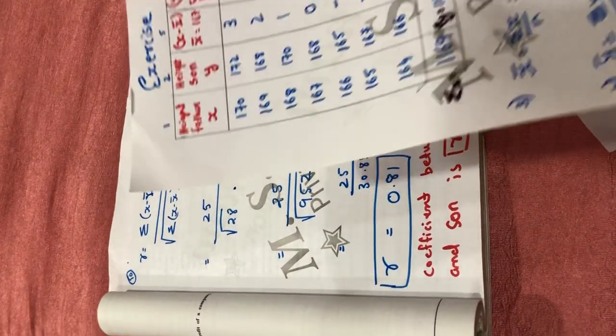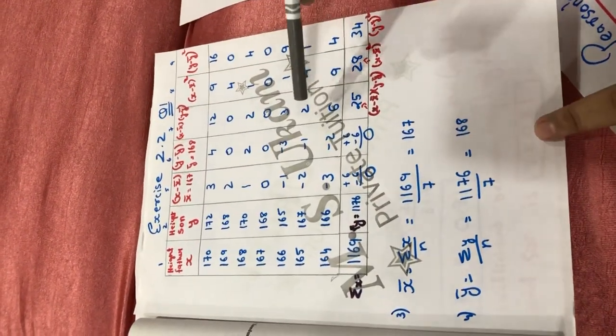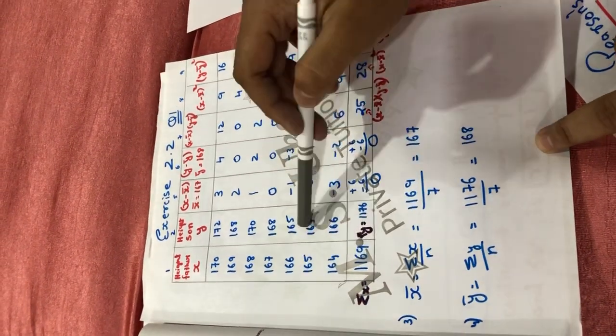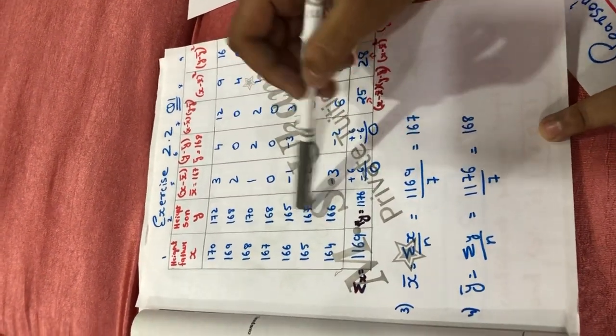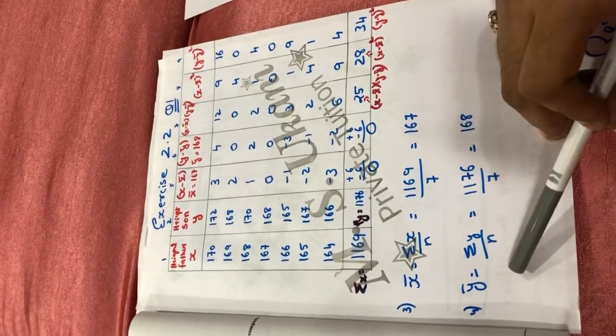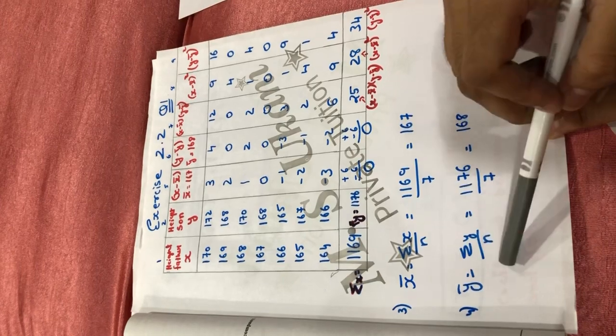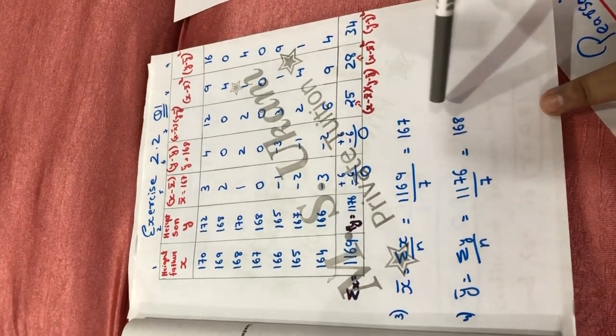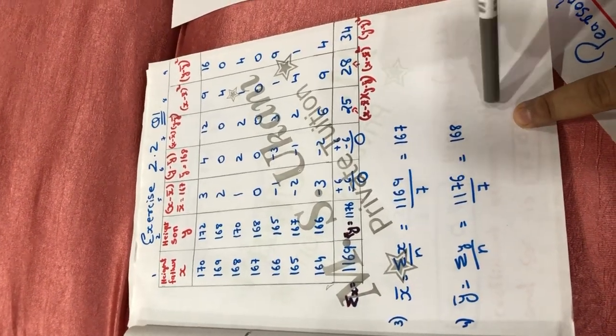Okay, now let us do the revision, I am repeating this sum again. The first two columns are already given in the sum. After that, in the third step we have to find the x bar and y bar. After finding x bar and y bar you will identify which formula we have to use for the sum.